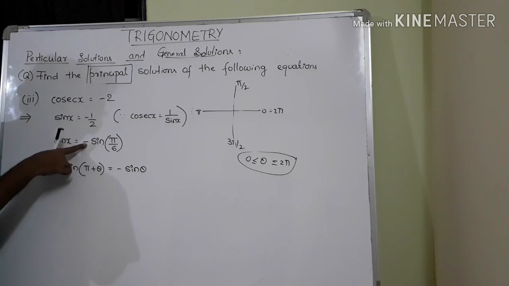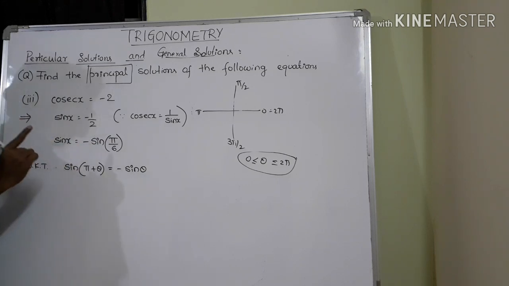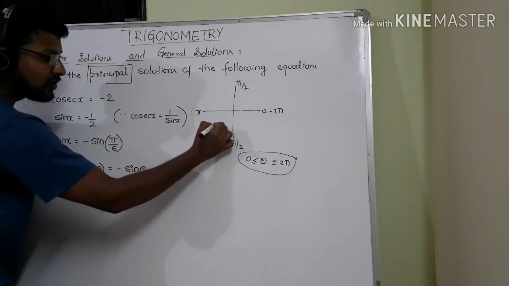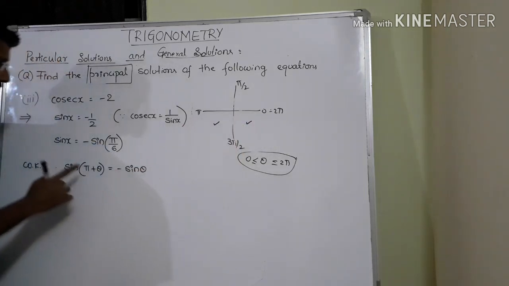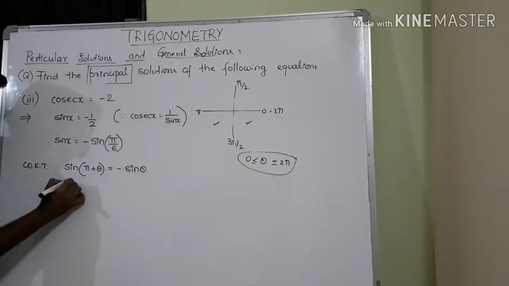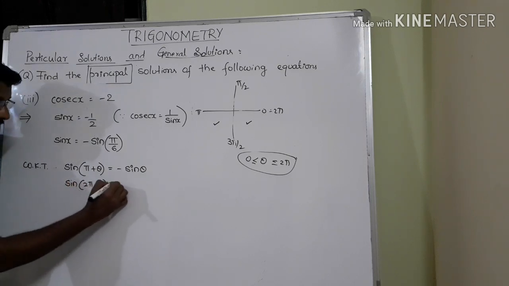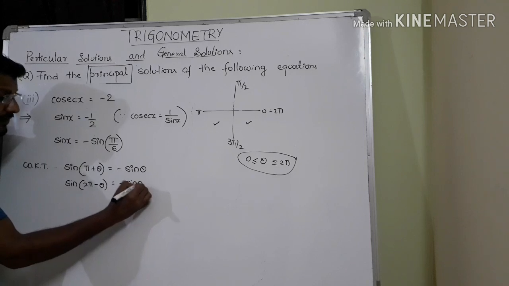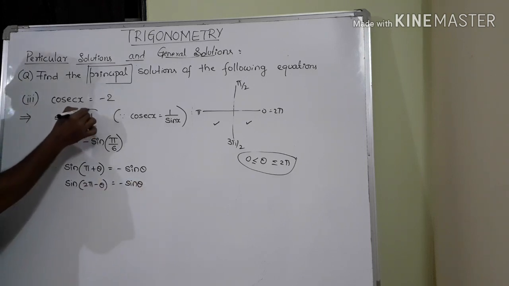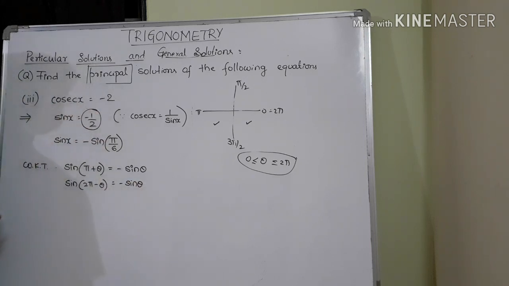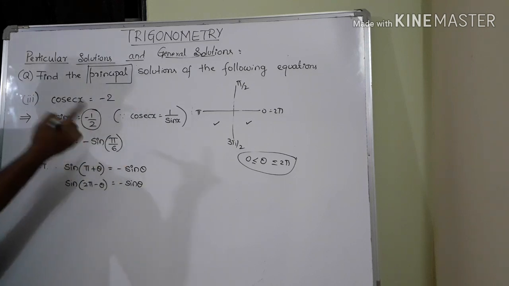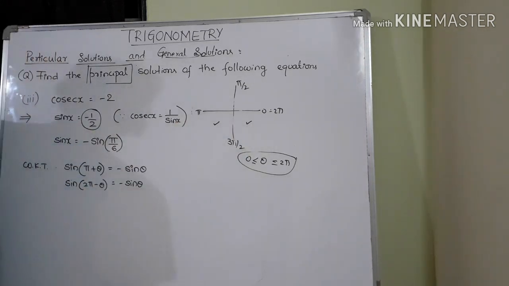Because I have got a minus sign and I should see where the sign will be minus. Sine will be minus in the third quadrant and in the fourth quadrant. So for that I have to use this basic, and along with that one more, that is sine of 2 pi minus theta is equal to minus sine theta. As I can see, I should get a minus answer, because sine is minus in the third and the fourth quadrant.